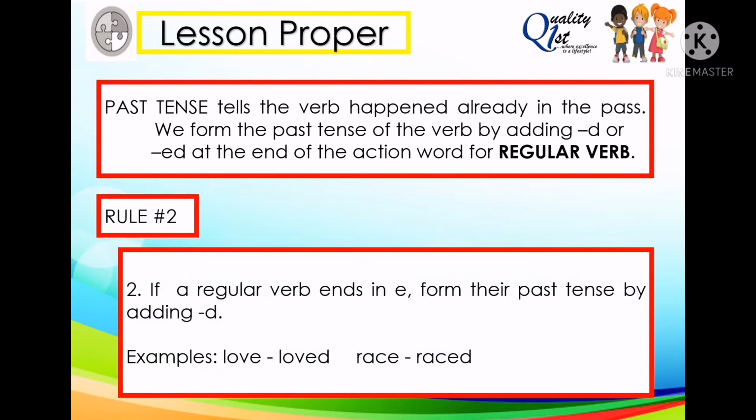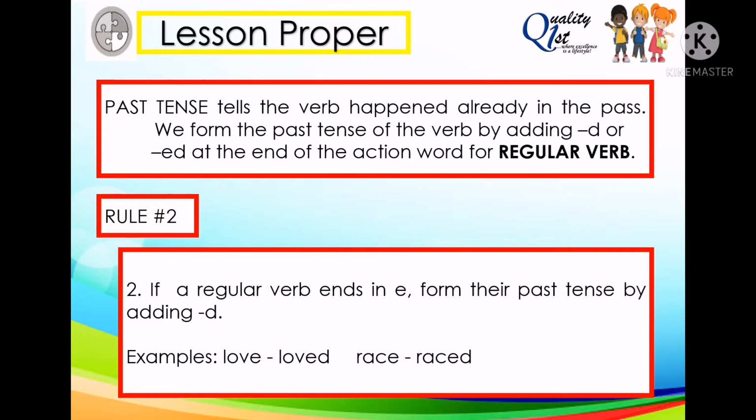Now, for rule number 2, if a regular verb ends in E, form their past tense by just adding D. Okay? Again, if a regular verb ends in E, form their past tense by adding D. Examples: love. It ends with letter E. So when you form its past tense, you just have to add letter D. The same with race.